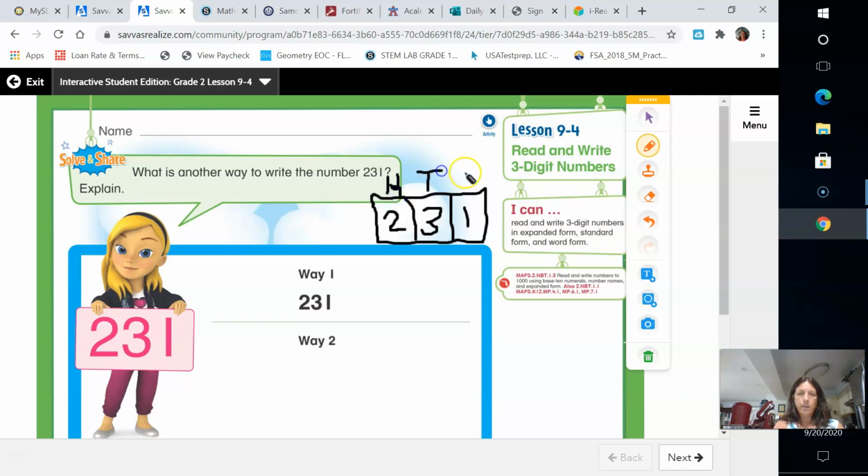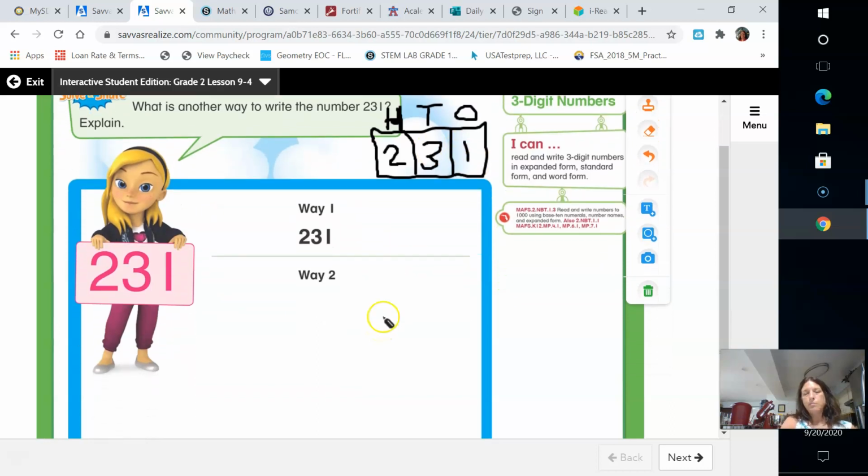Looks like a K. And ones. That's not a K, folks. It's supposed to be an H. Sorry about it. All right, hundreds, tens, and ones. So when we say the number, we start here. We read numbers just like we read words, left to right. So we say 231. So the second way we're going to do is expanded form.